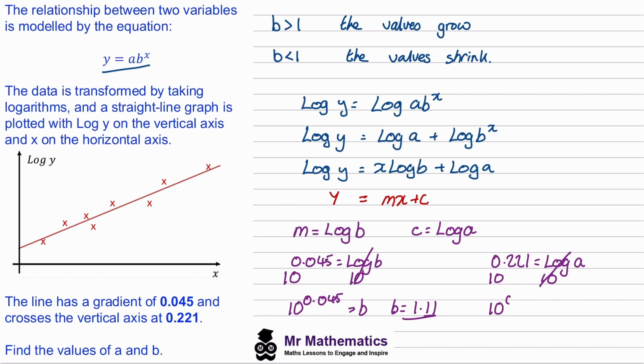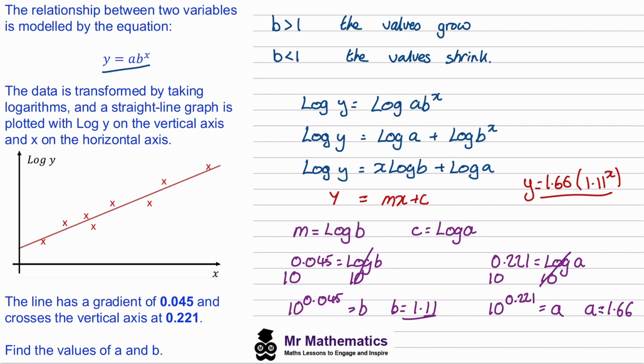So we'll get 10 to the power of 0.221 will equal a. And this works out as approximately 1.66. So the model that best fits this data is y is equal to 1.66 multiplied by b to the power of x. Okay?